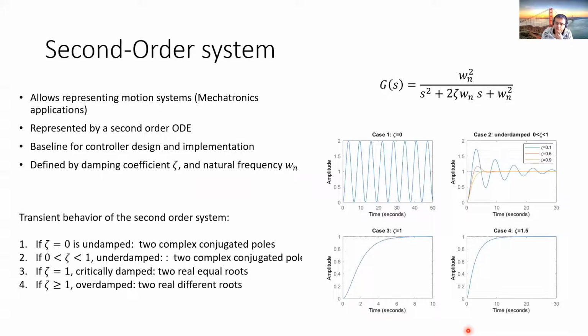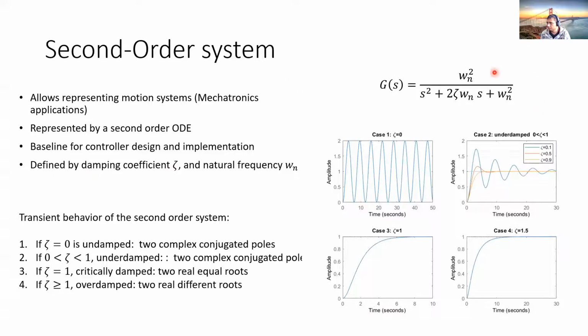The second order system itself is one of the most useful, especially for mechatronic applications, because it's the most employed to represent motion systems like velocity and position. The standard form for the second order system is this one. In general, second order or mechatronic systems are really fast and the delay is really small, or there's no delay.